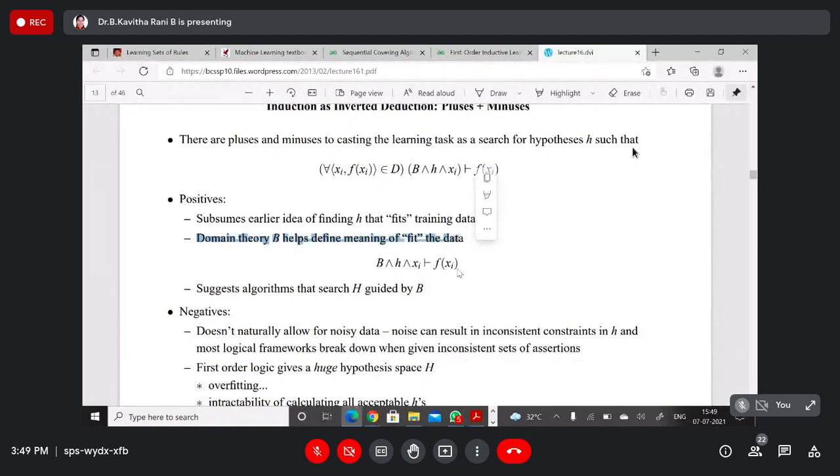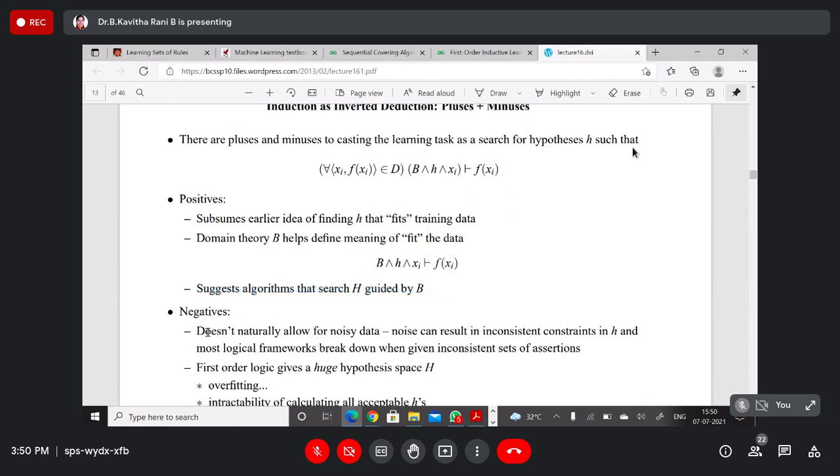So how the rule fits that particular data is done here by using inductive learning theory. It suggests that H is guided by B. So by background theory only we can get the hypothesis.